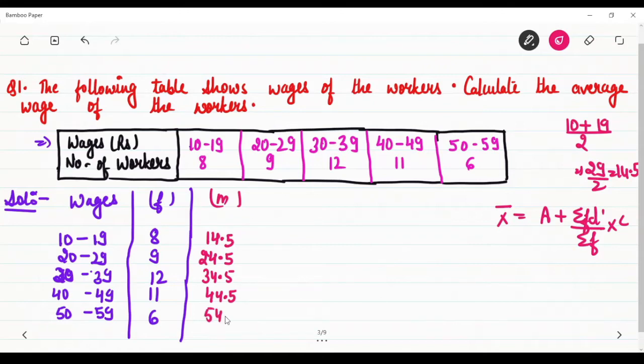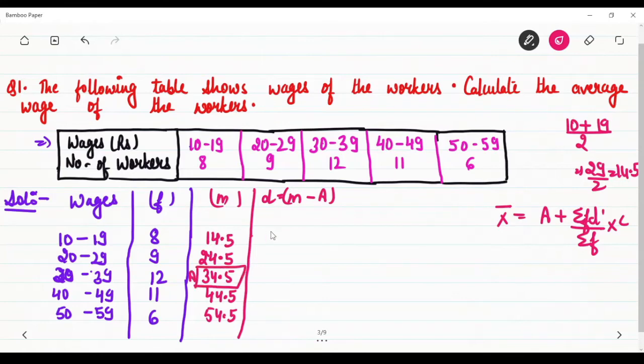Now what we need to do is calculate D first. So D is calculated when we subtract the assumed mean from M in the step deviation method, right? So let us assume 34.5 as our assumed mean.